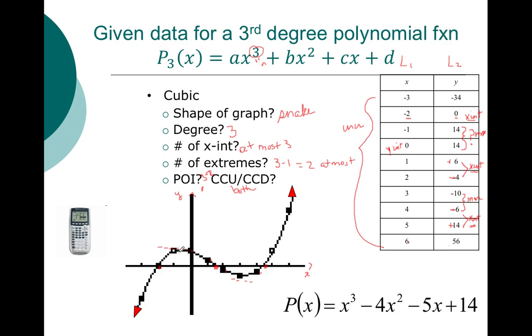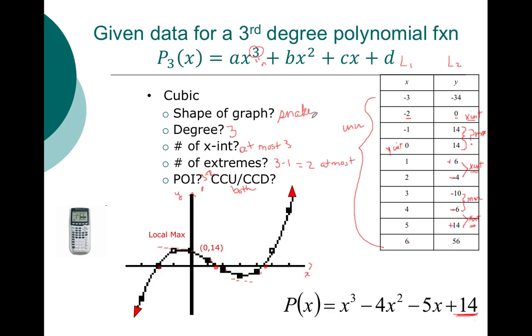When I drew the actual, here's the function, x cubed minus 4x squared minus 5x plus 14. There's the y-intercept, right? When you plug in 0 for x, you get 14. 14 is the y-intercept. There is a local max. Because of the domain, that is not an absolute max, right? There is no absolute max. This keeps going forever.